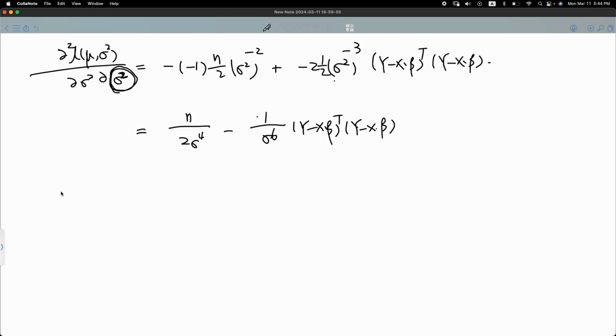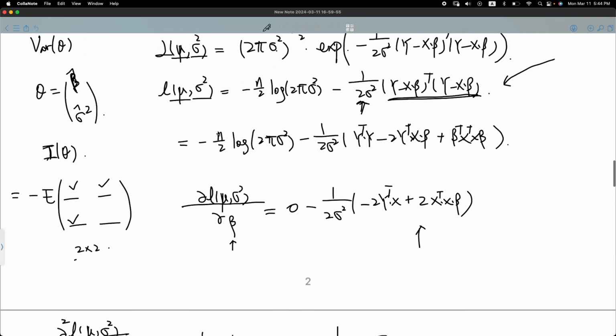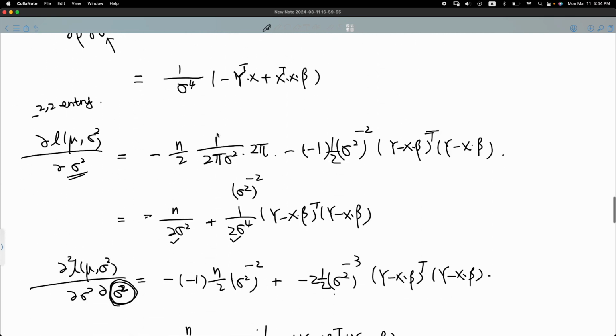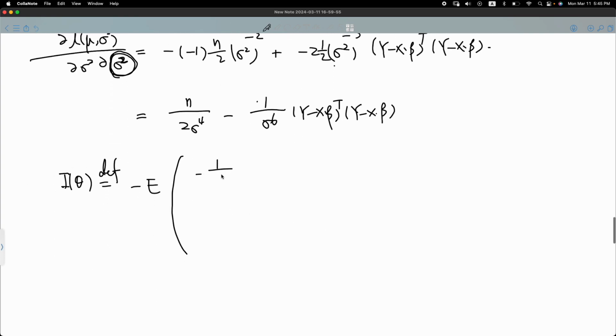Okay, so now we need to evaluate the Fisher information matrix, which is defined as the negative expected value for all of the 4 terms that we calculate. So now we're going to fetch each of the terms. The 1, 1 entry should be this one: negative 1 over sigma square x transpose x.